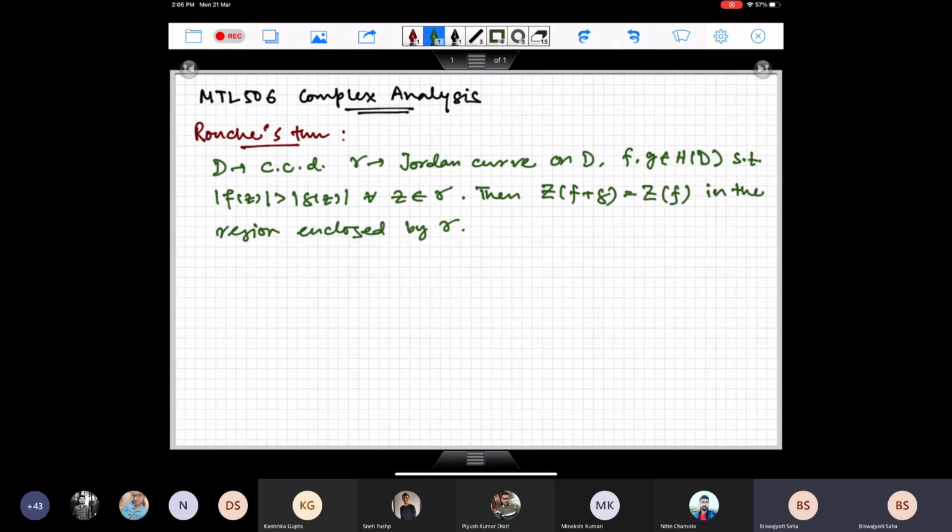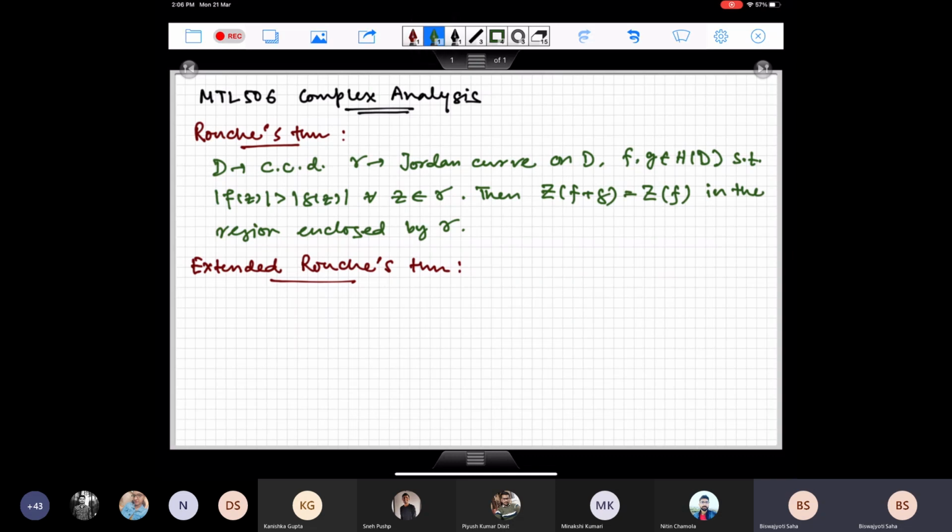So here what I now have is that I can also have an extended version of Rouché's theorem, because you can see that our argument principle allows you to also get hold of the number of poles together with the number of zeros. So we can also have this extended version, which is applicable for meromorphic functions.